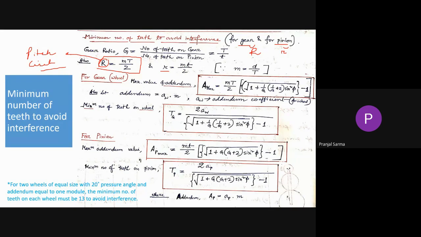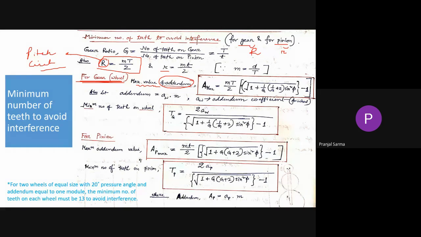Now we know for the gear, that is the bigger one, the gear wheel, this is the maximum value of the addendum. The addendum is the radial distance from the pitch circle up to the addendum circle, the upper portion of the teeth, or is it up to the root portion?